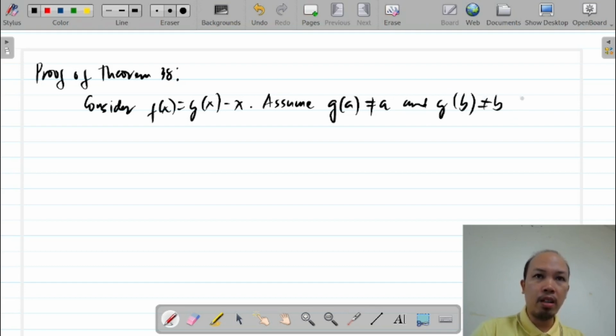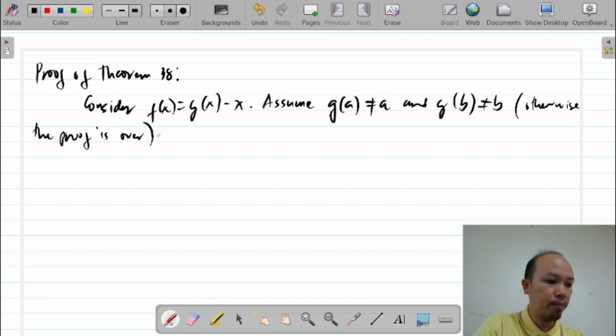If they are equal, then we are done. We already have a fixed point. So if g of a is equal to a or g of b is equal to b, then we are already done.